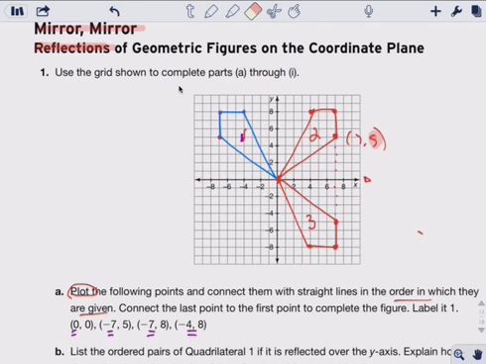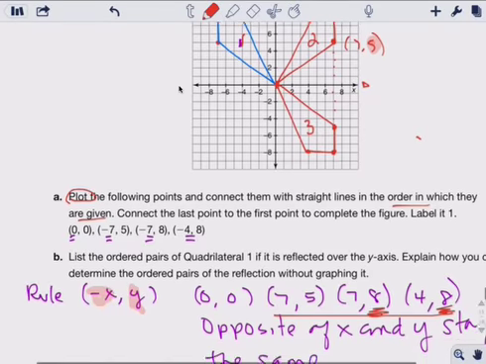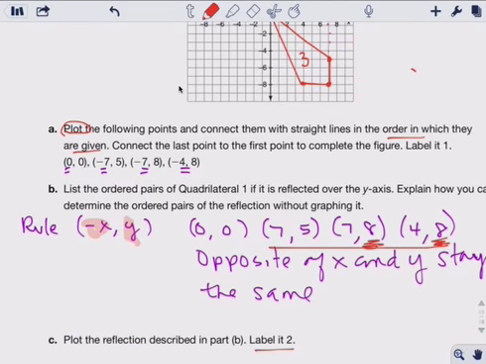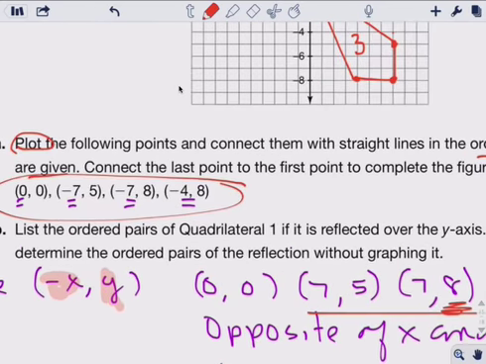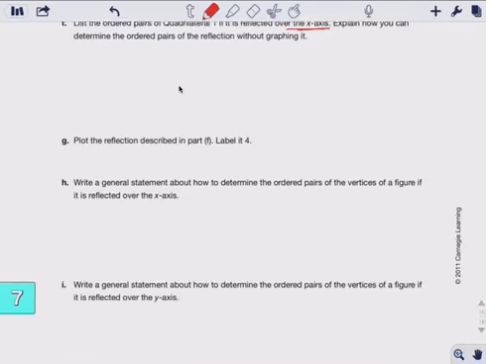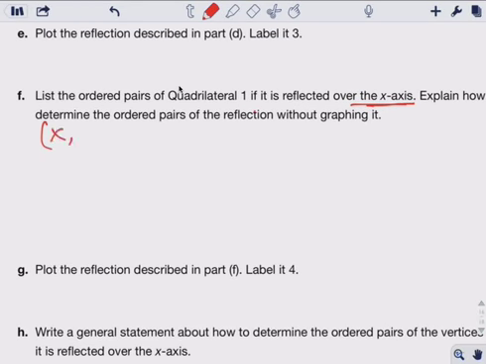Okay? So, the x-axis becomes its bisector. These are our numbers right here. Over the x, if it's over the x, x stays the same, and the y becomes its opposite. So how do we write that? The x stays the same, so it stays letter x, and y becomes its opposite. 0, 0 is still 0, 0.